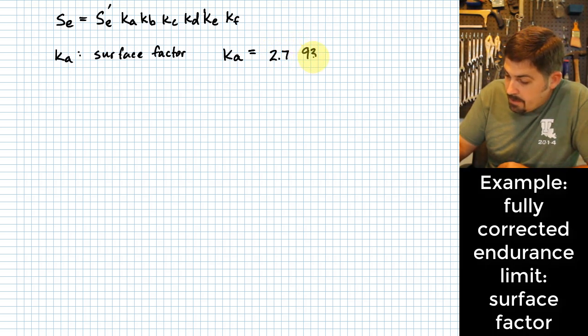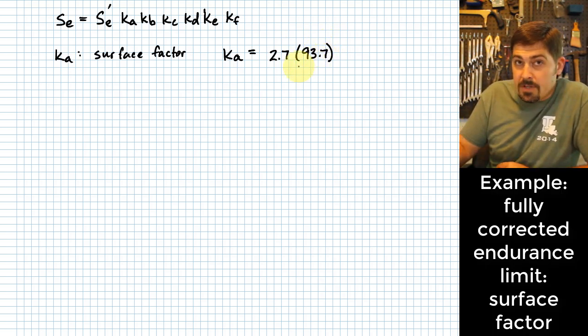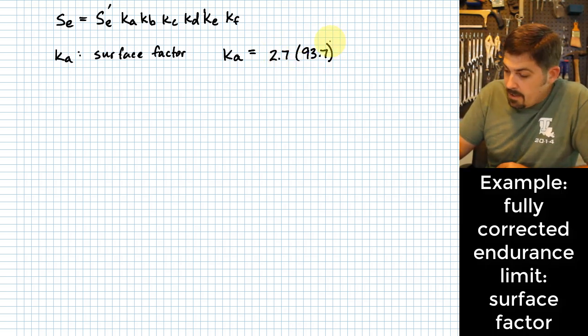93.7, which is the value of the ultimate strength in KSI. That's what it's expecting in this empirical formula. And then that gets raised to the negative 0.265.